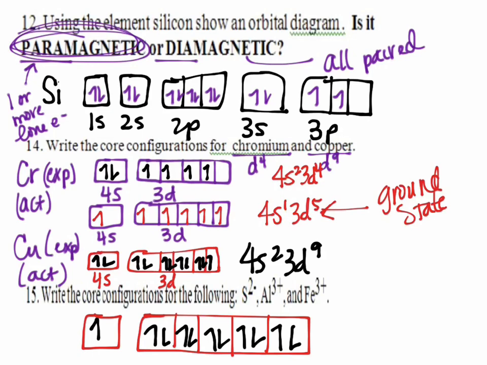This is our copper configuration and copper family configuration. So it is a 4s1 3d10, because it's better to have that one little sublevel alone than the one that has 5 sublevels in it. Like silver and gold. So copper, silver, gold.